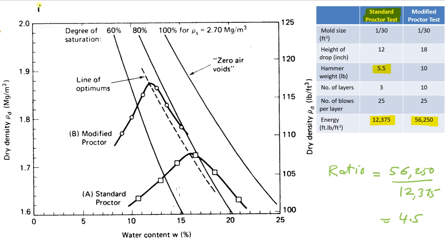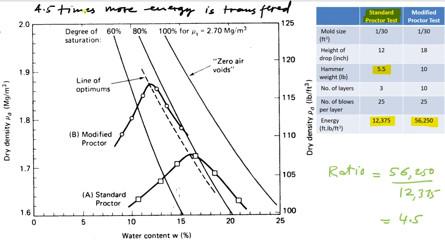So 4.5 times more energy is transferred to soil in the modified test as compared to the standard test.